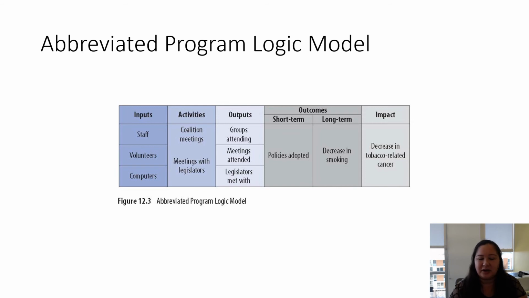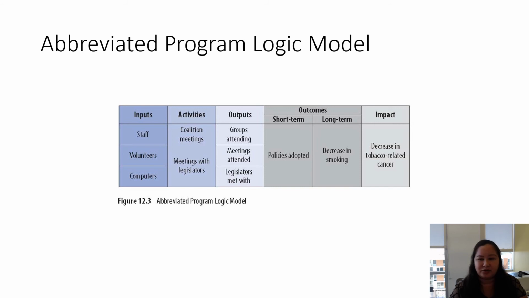So again, you're looking at what the resources or inputs are, and what activities the resources enable you to do. What are the outputs? In a research setting, it might be the number of workshops, delivering an intervention, being able to do health education. Those are outputs. And then what are the short-term and long-term outcomes and the overall impact of that work?